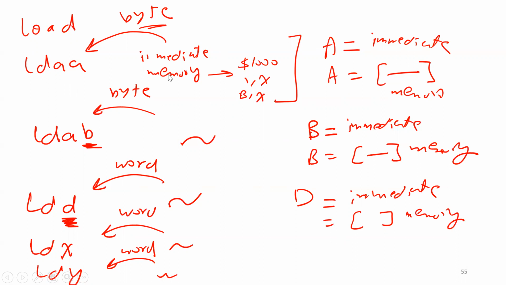For an immediate value, as I said before, you have to put a hashtag. For memory, as I explained before, we have 4 formats. You can put a number, or something like 1,X or 0,Y, and so on. Also, as I explained before, it can be auto increment or auto decrement.